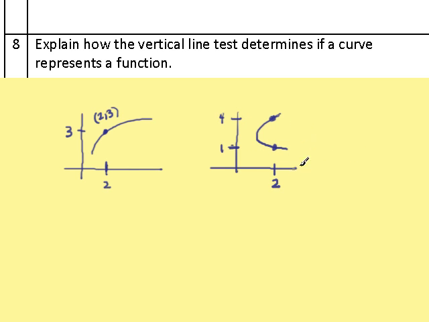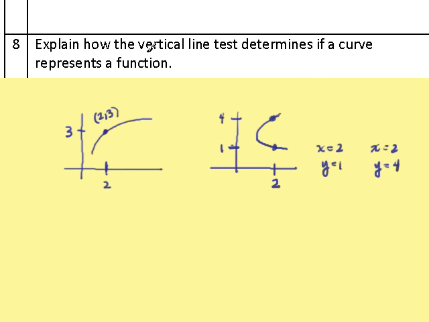And so in this picture, when x is equal to 2, y is equal to 1. And also when x is equal to 2, y is equal to 4. So we have 2 y values that correspond to x equal 2. So this curve does not represent a function.